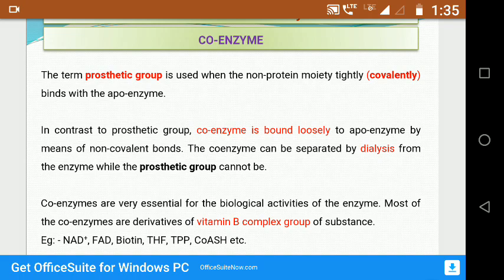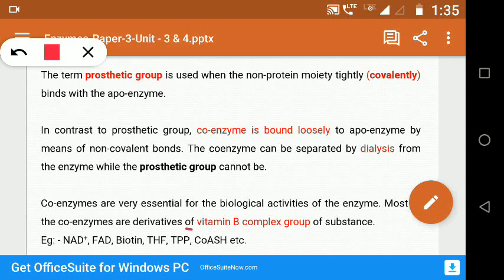Most of the coenzymes are nothing but B vitamin complex group. We have several B complex vitamins, and most of them act as coenzymes. That is why they are essential elements and must be included in our diet.